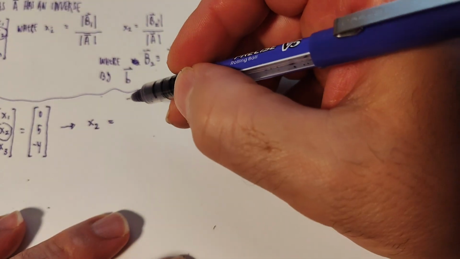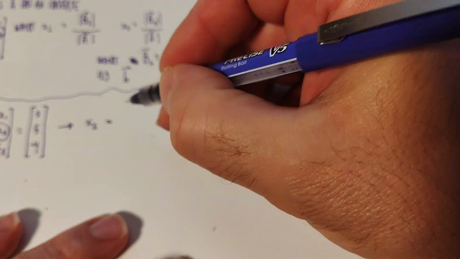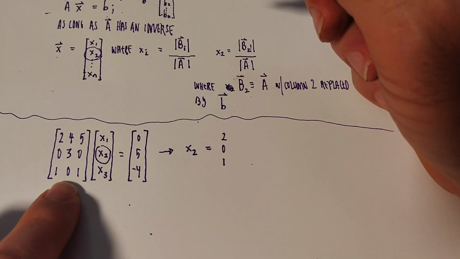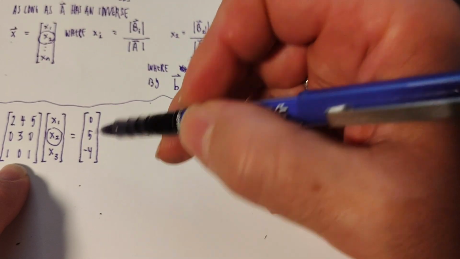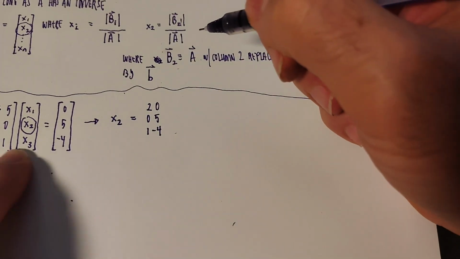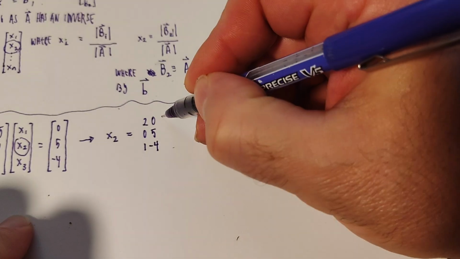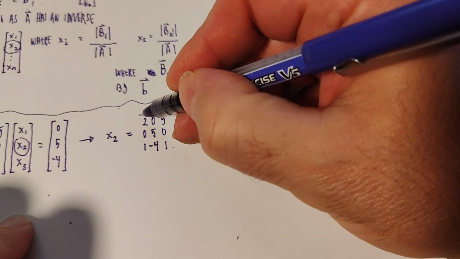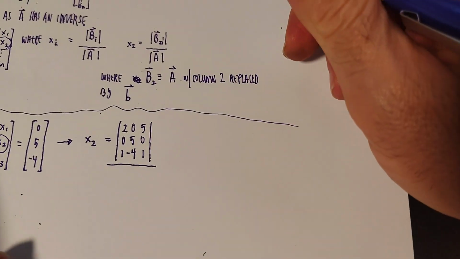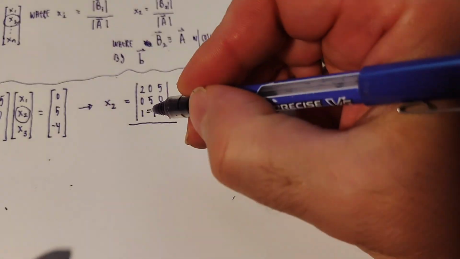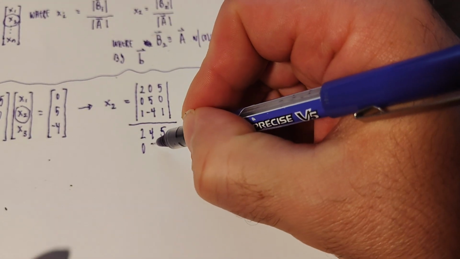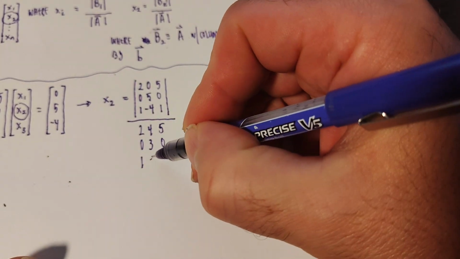So it's going to be the following determinant. We're going to have 2, 0, 1. Now we're not going to have 4, 3, 0. We're actually going to replace column 2 with B, so it's going to be 0, 5, negative 4, and then 5, 0, 1. So it's going to be that determinant divided by our determinant of A, which is 2, 4, 5, 0, 3, 0, 1, 0, 1.